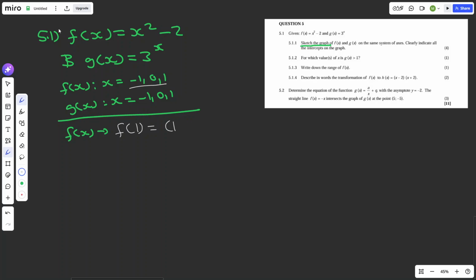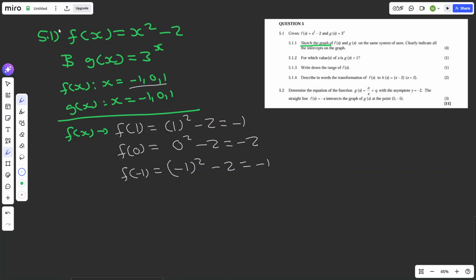We replace the x with a 1. So here we have minus 1. Next one, f at 0 is equal to 0 squared minus 2, which is equal to minus 2. And lastly, f at minus 1 is equal to minus 1 squared minus 2. So this is equal to minus 1. What you'll notice is that these two values are the same, right?